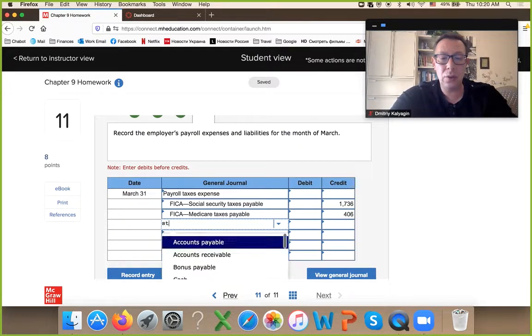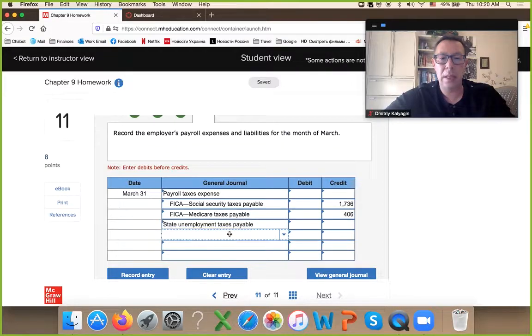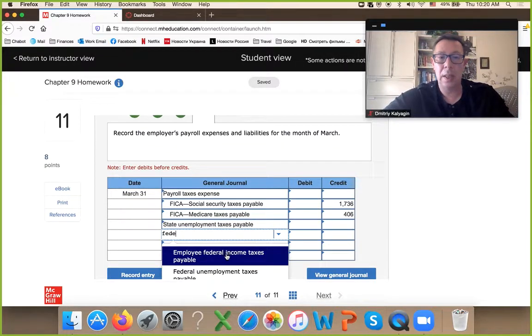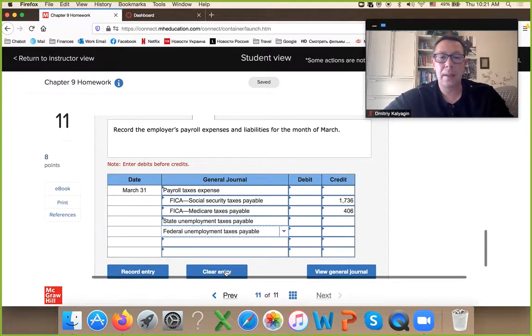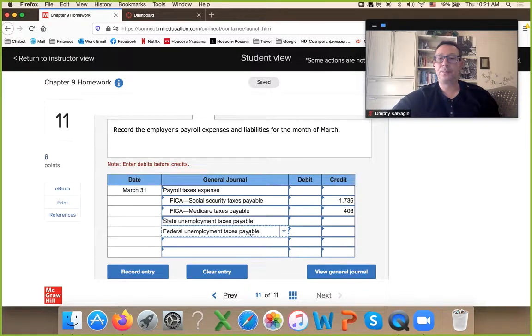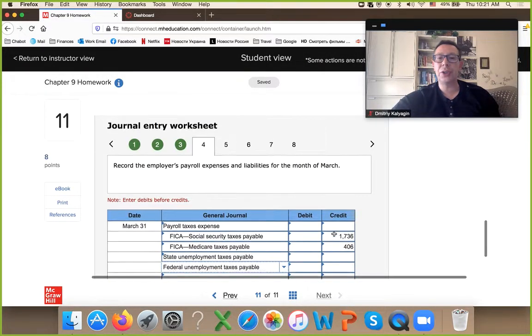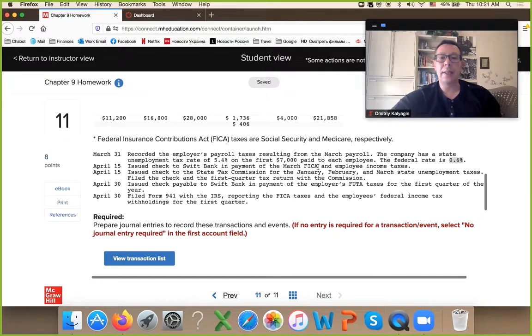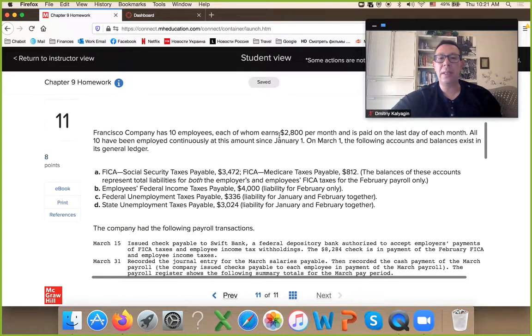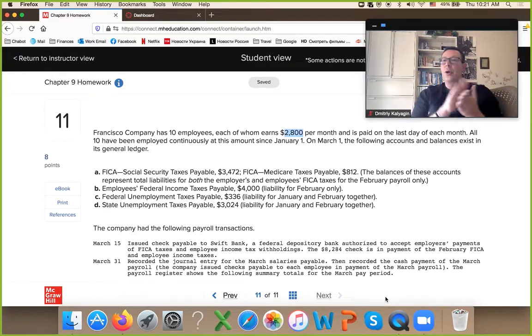Now we have to do state unemployment and federal unemployment. These 2 accounts, right? The amounts I have to figure out. This is how I do it. The cap is 7,000. You have the rates. I mentioned in the beginning that each employee already worked for 2 months and earned $5,600.